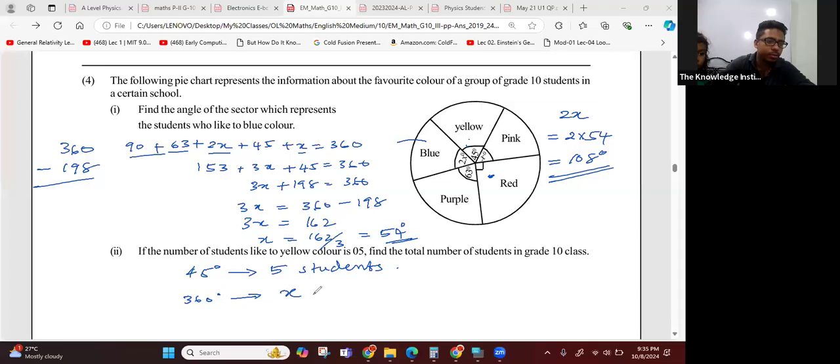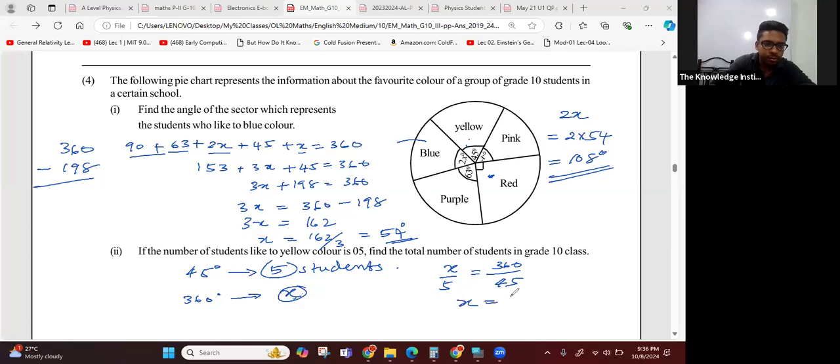So we take x students. Since this is directly proportional, we can write x over 5 equals 360 divided by 45.